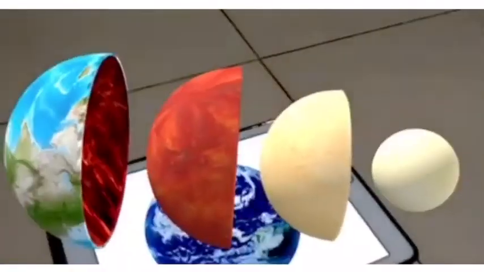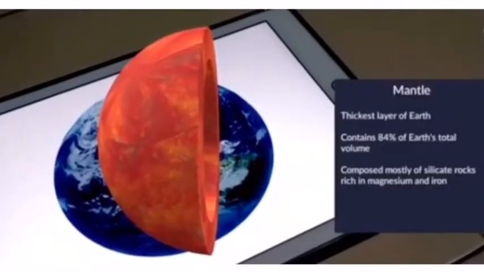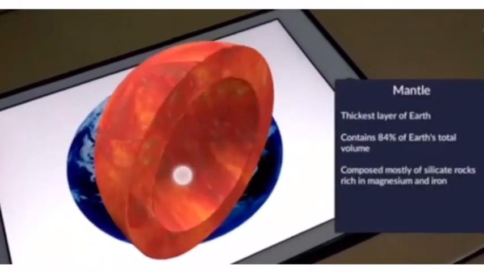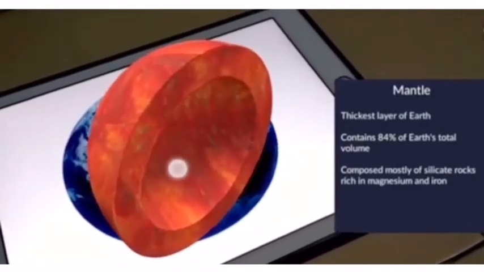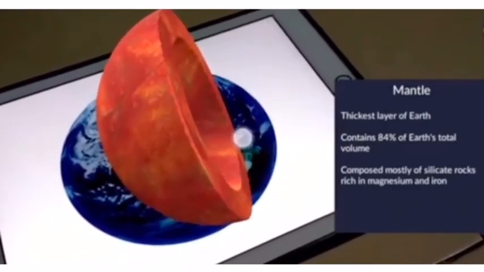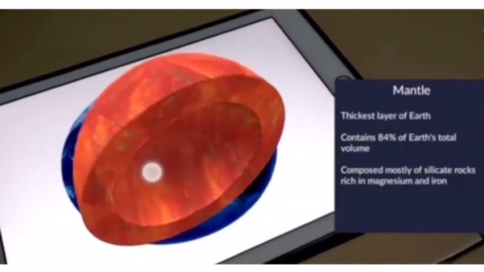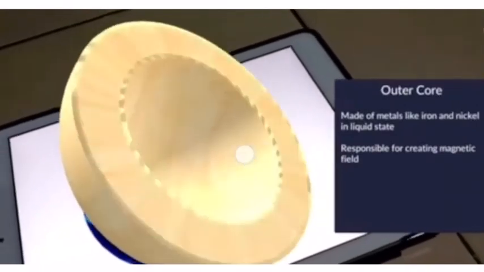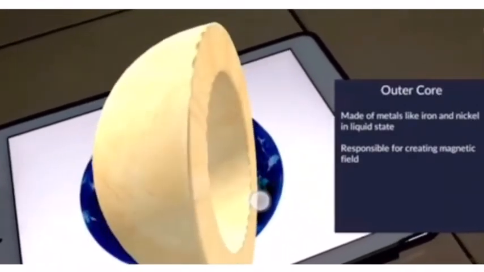Next we are going to see the mantle. The mantle is the thickest layer of the earth, 84% of the earth's total volume. I already told you that magnesium and iron minerals are found in the mantle. Next we are going to the core. In the core there are two parts, the outer core and the inner core.